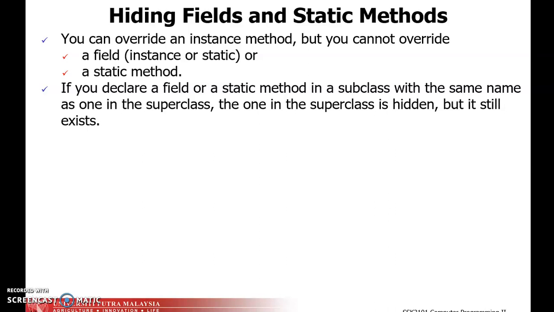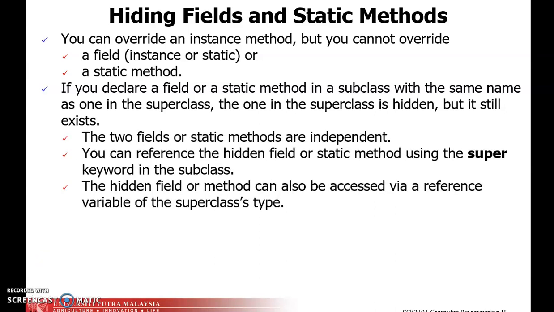Firstly, you can simply override an instance method from a subclass, but not a static method. If you declare a static method in a subclass with the same name as one in the superclass, the one in the superclass will be hidden, but it still exists. To demonstrate this in a better view, we look at the given example in the following slide.